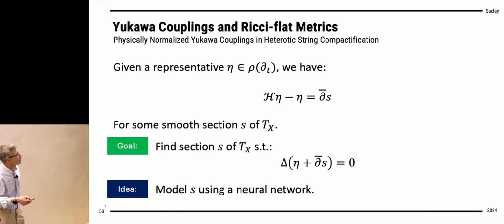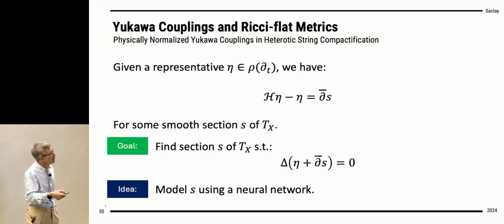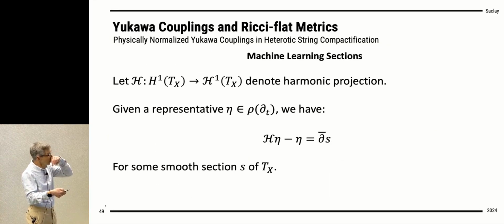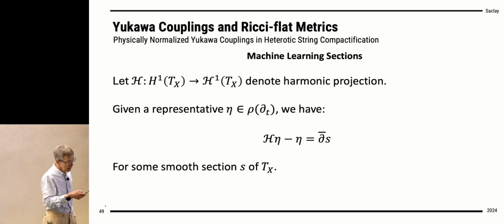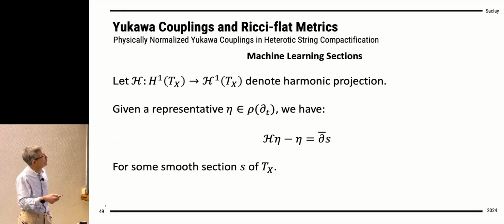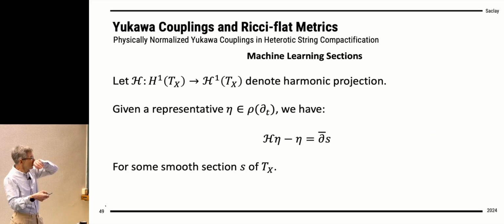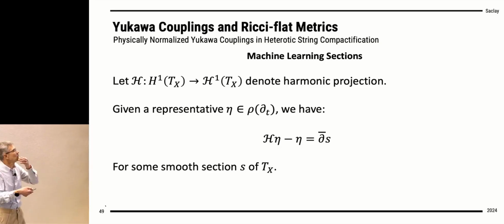Okay. Now the very last part has to do with machine learning. So this was not machine learning, that was just a numerical approach. The next thing we want to do is compute what are known as the harmonic representatives. Those are the special elements of these cohomology classes.